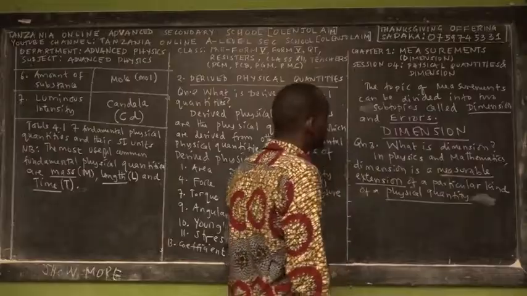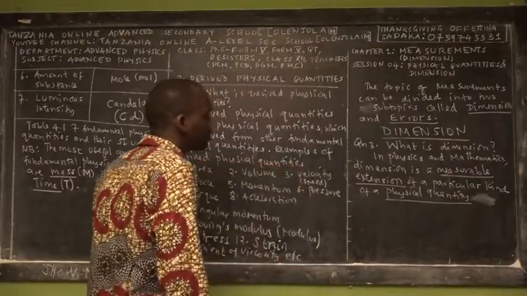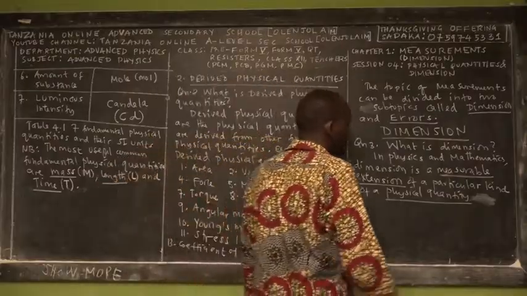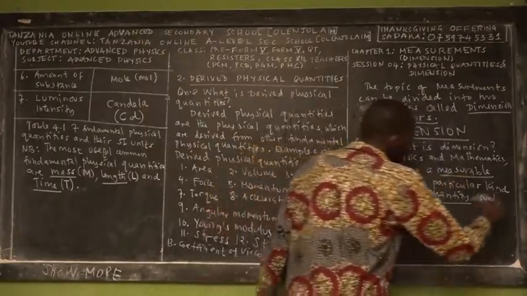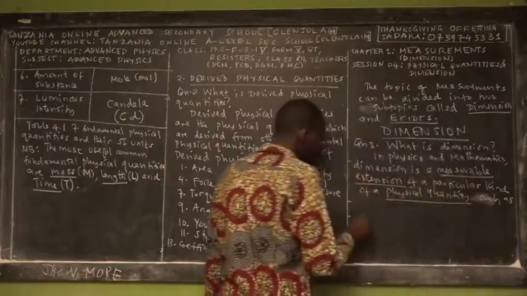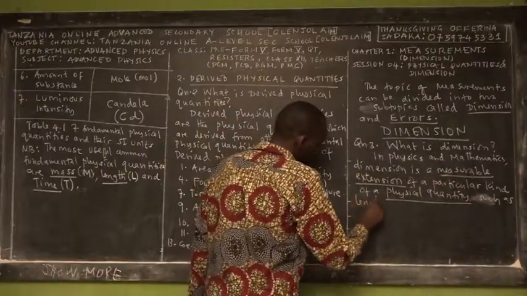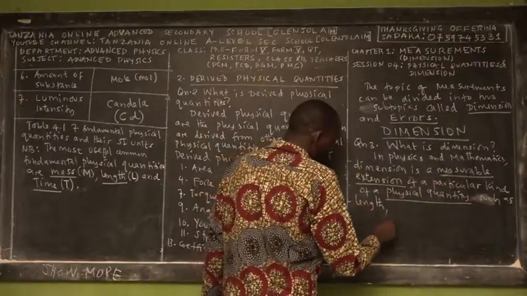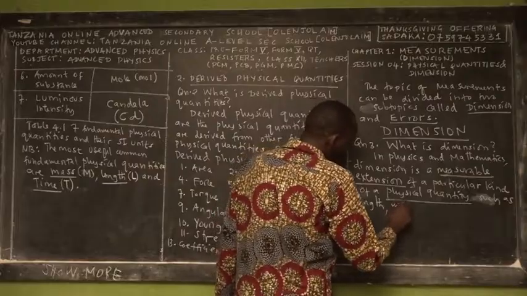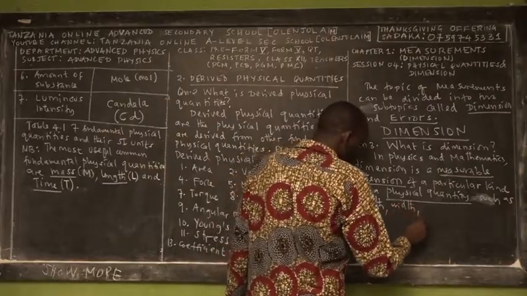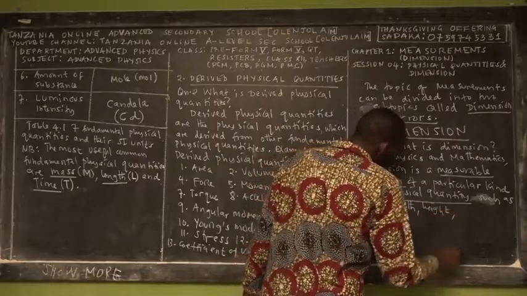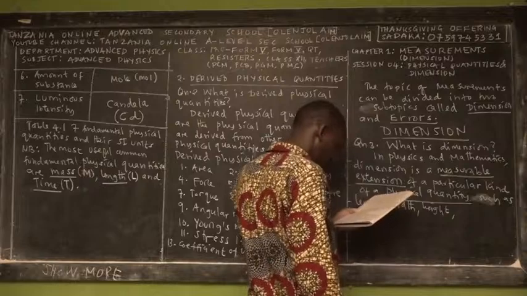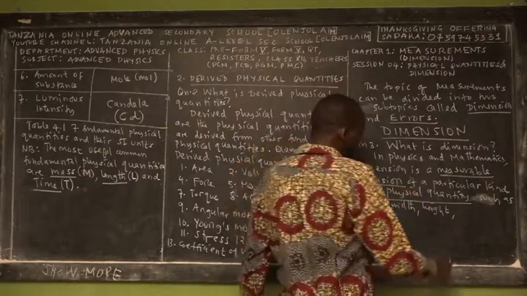So I say that dimension is a measurable extension of a particular kind of physical quantity, such as length of an object, and hence we have weight, maybe height, we have depth.